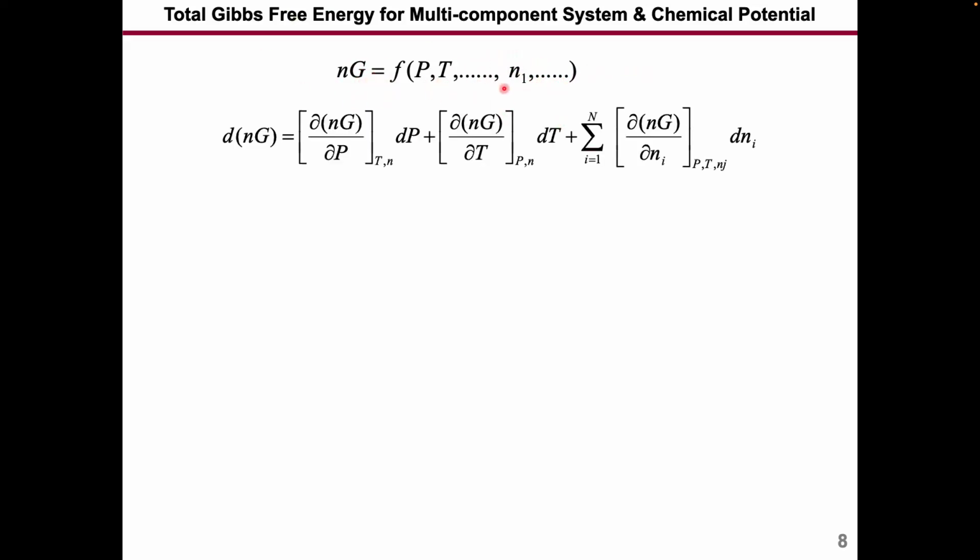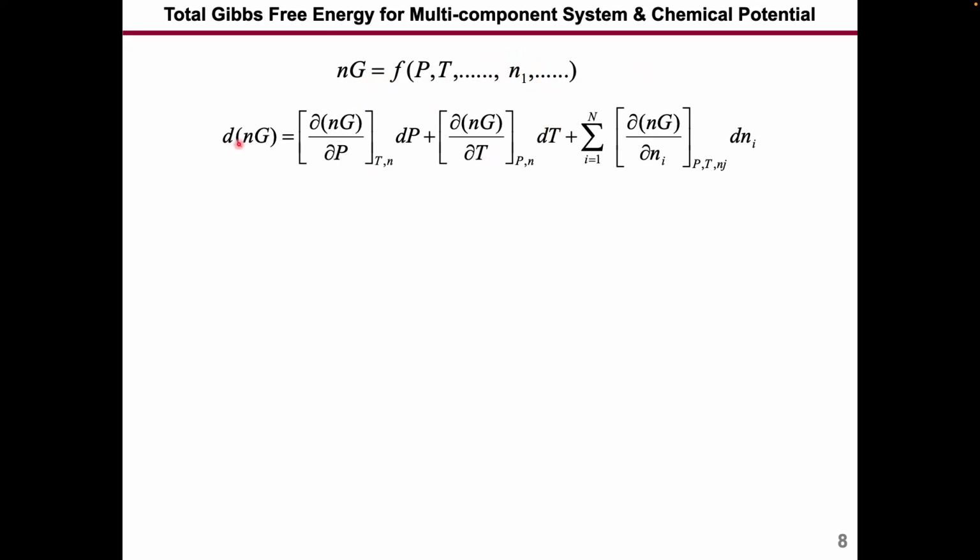A special case that we need to focus on is the Gibbs free energy. For a multi-component system, the total Gibbs free energy is a function of temperature, pressure, and also the moles of the species in the system. So NG is the total Gibbs free energy of your system.